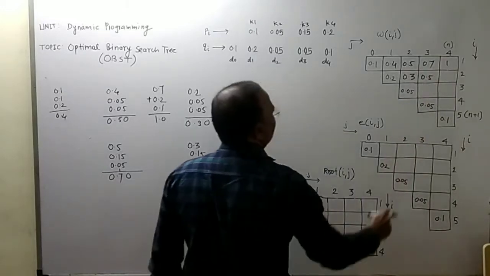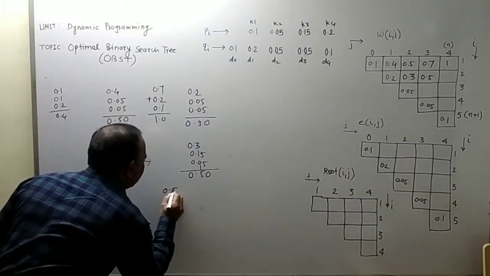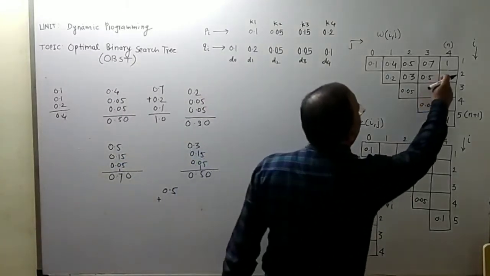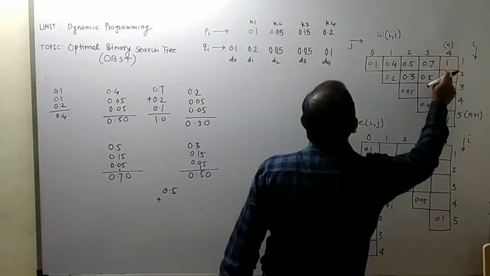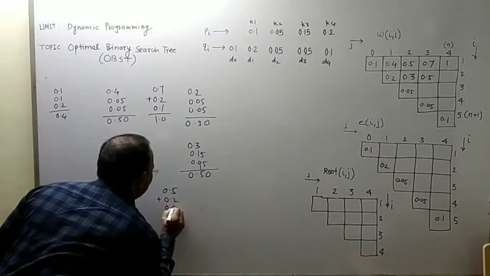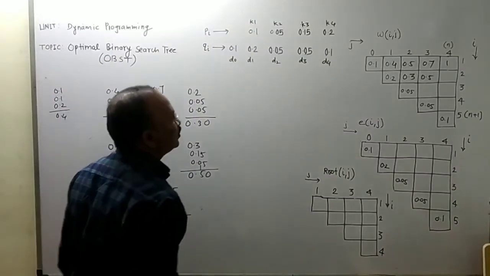And for this, refer to the previous value, 0.5. Then take the probabilities of K4 and D4, 0.2, 0.1. It comes to 0.8.